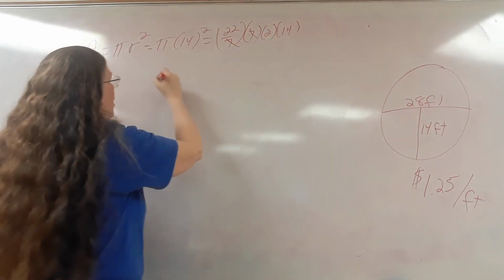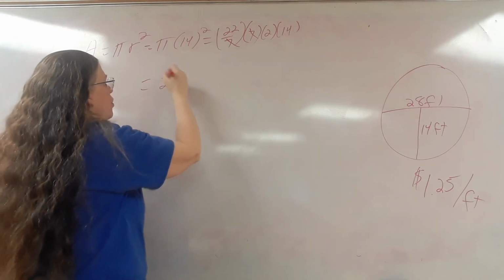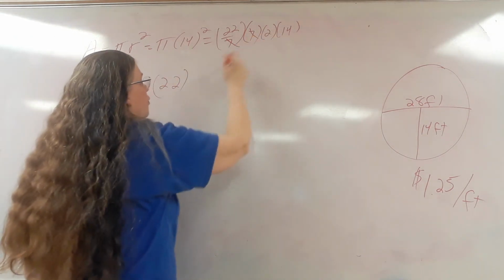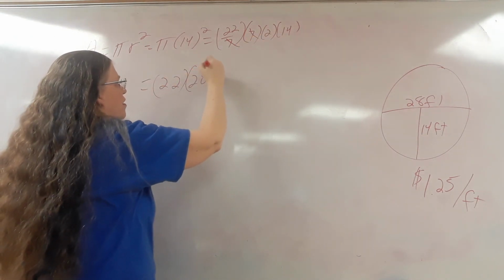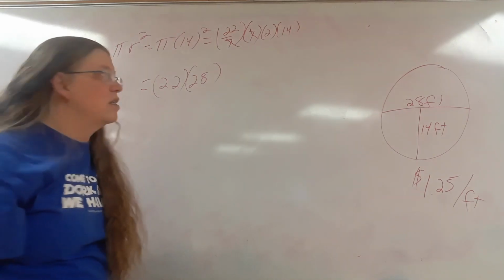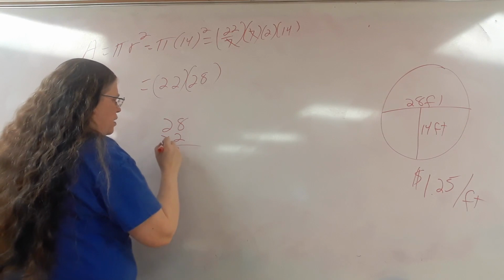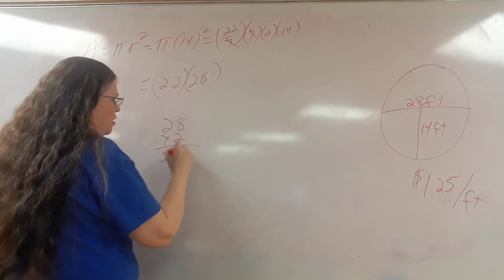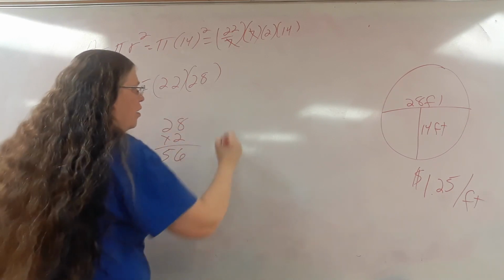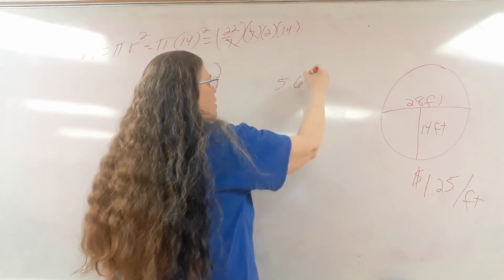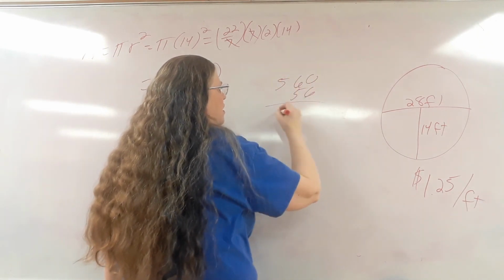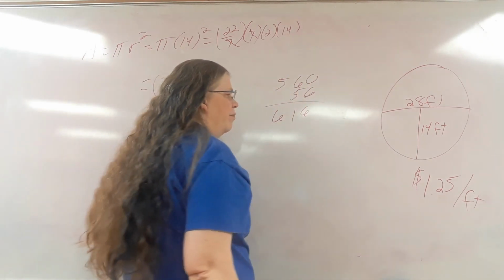So now we have 22 times 2 times 14, which is 28. 22 times 28. 28 times 2 is 56. So we have 560 plus 56 is 616.